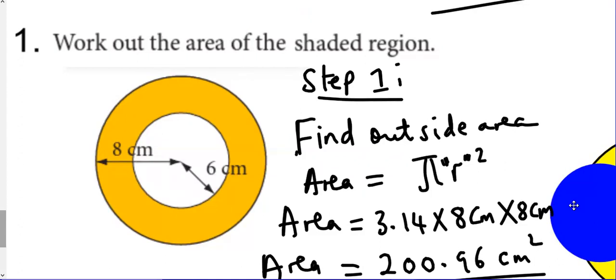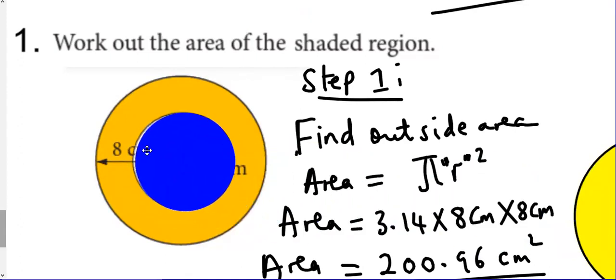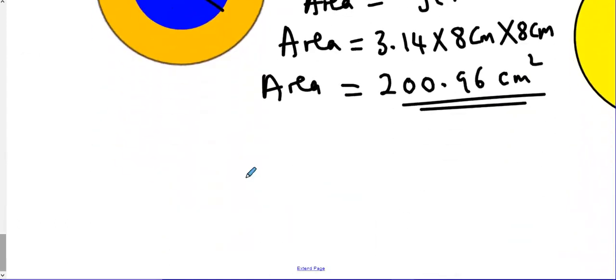So I'm talking about this shape here. We also need to know the radius because it is a circle. So what is the area of that circle? So here we write area of the inside part.